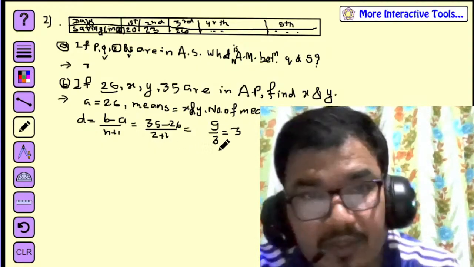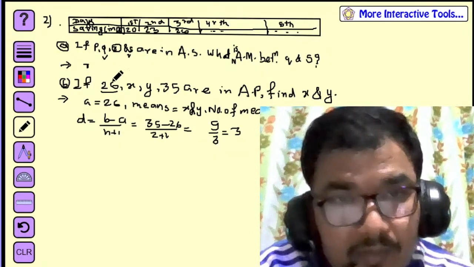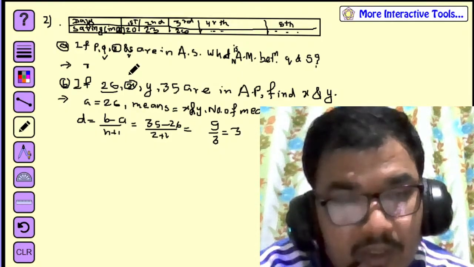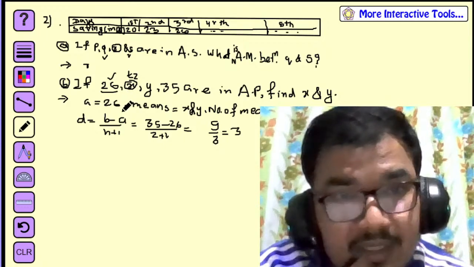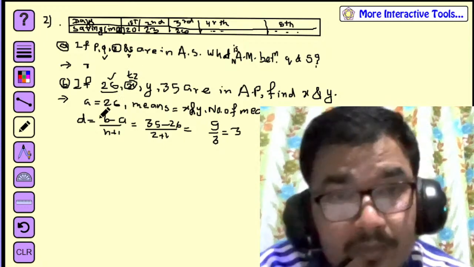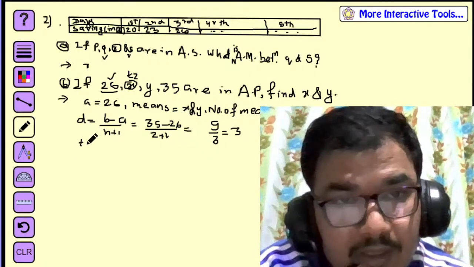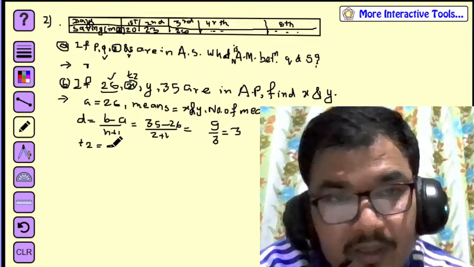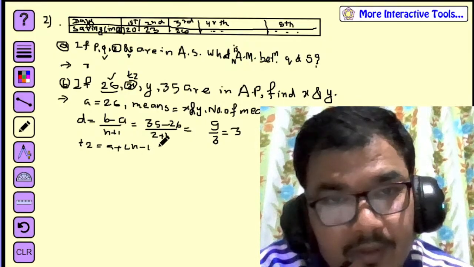Now, look at the value of x. This x is the first mean, but in terms of terms, it is the second term. So we use the T2 formula: T2 equals a plus n minus 1 into d.